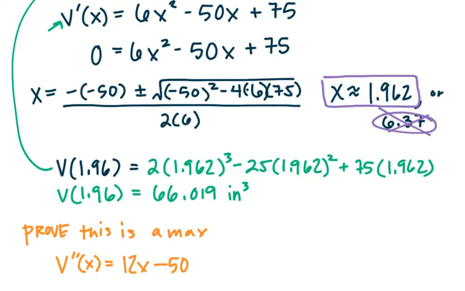And if I evaluate v double prime of x at that critical number, my output is negative. So what the second derivative test for max and min says is if you evaluate the second derivative at your critical number, if you get a negative output from the second derivative, that proves that that critical number represents a max.